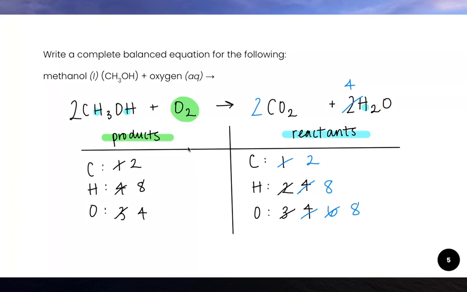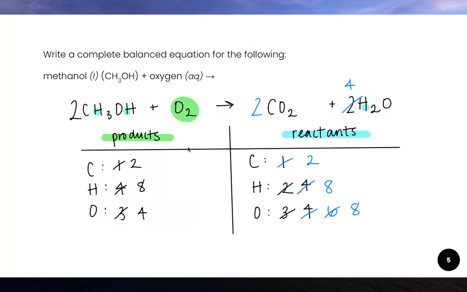So this is where I wanted to get it. Right now, the only thing that's unbalanced is the oxygen, and there aren't enough of them on the product side. So now we just have to change the coefficient. That's easy to change. It's only going to change one of our variables. So we need to go from 4 oxygens to 8 oxygens.